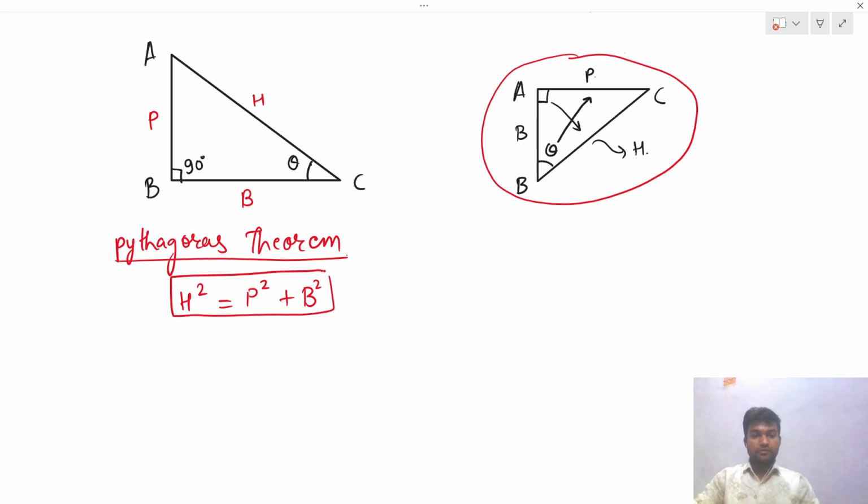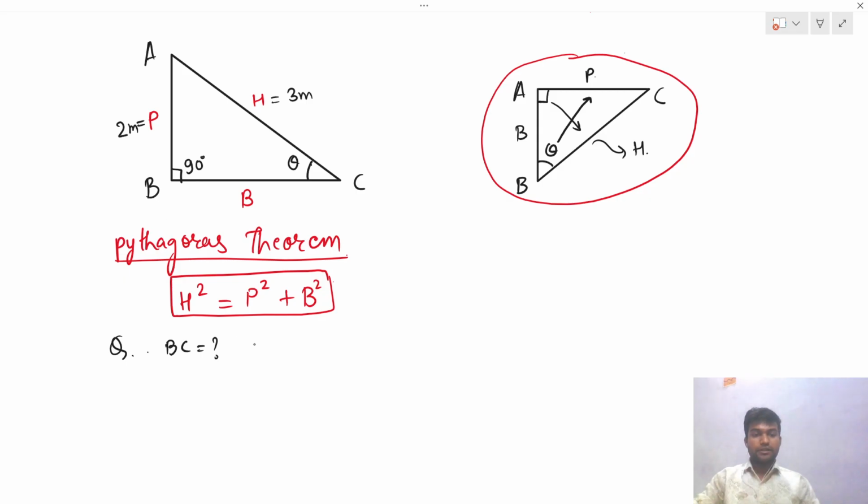This is called the Pythagoras theorem. Very simple. As an application, let's say the perpendicular is given as 2 meter, and the hypotenuse as 3 meter, and the question is asking about the third side. What is BC?